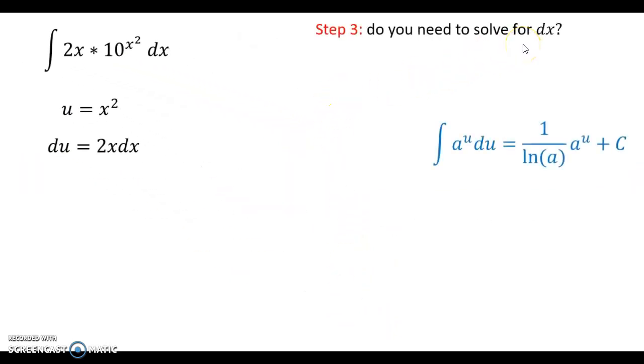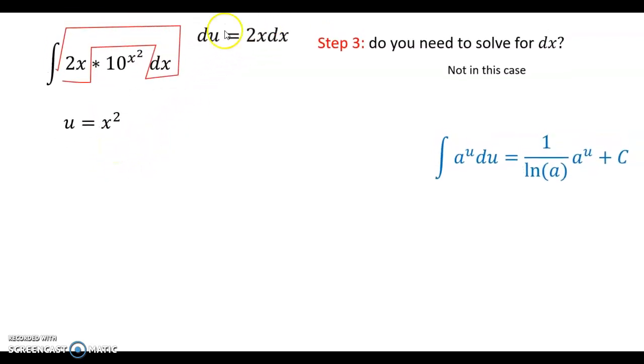Then do we need to solve for dx? In this case, the 2x and the dx are already there, so we can just substitute du in there.